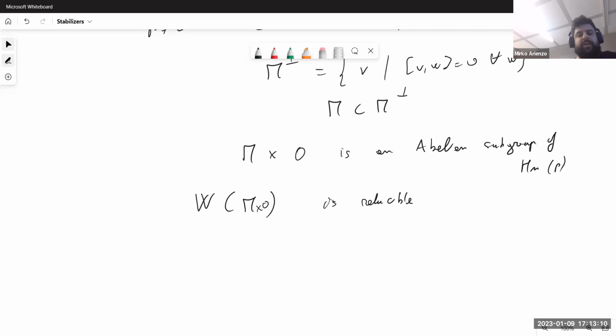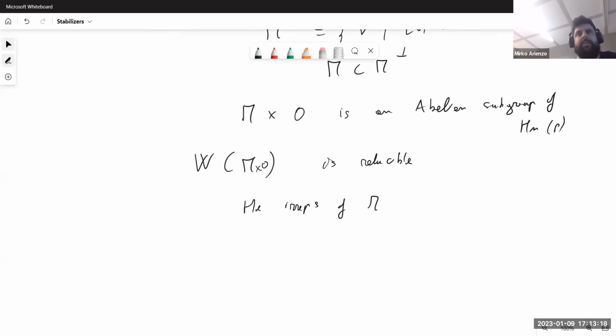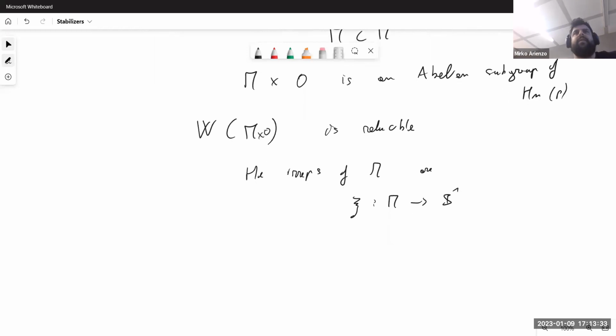So to say that the irreps of M are just characters, the maps introduced before, and they are just phase factors.